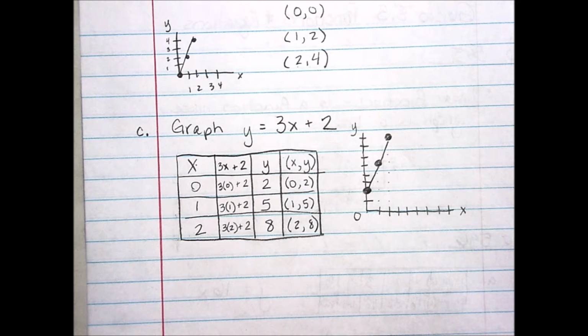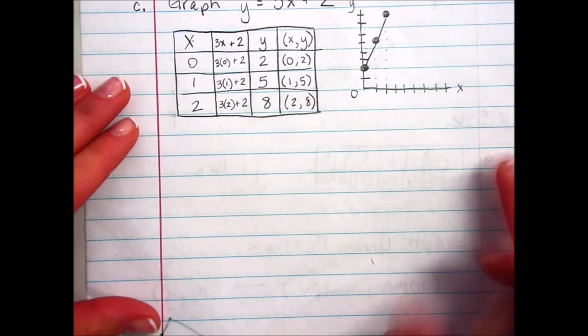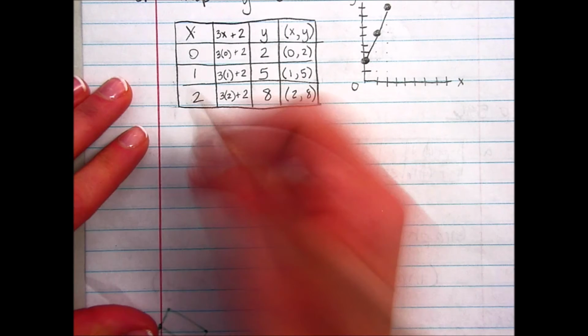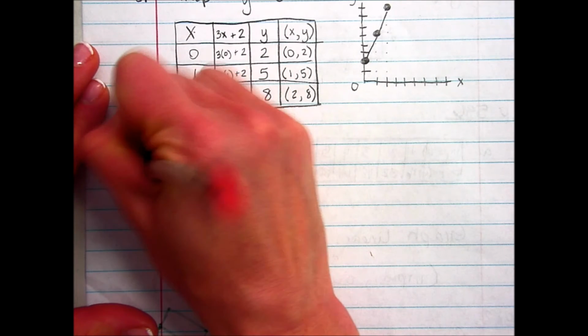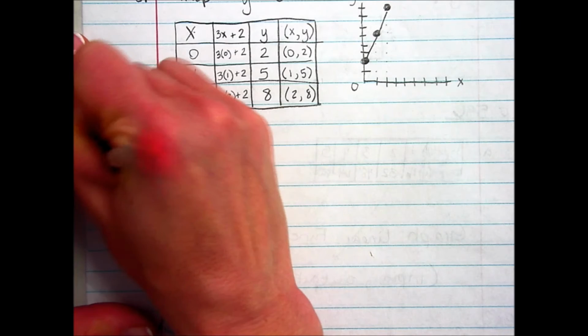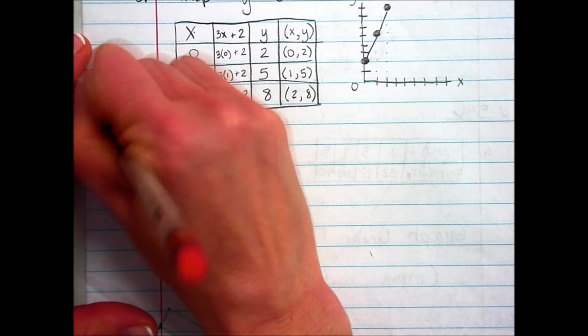On example 4, it says to write an equation from the graph that could be used to find the height. Now, we did this yesterday, and this one was the hard part. So, let's try this again. This is example 4 on page 597.